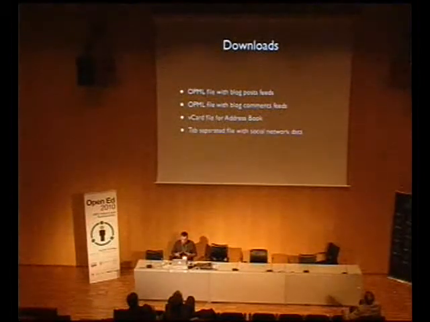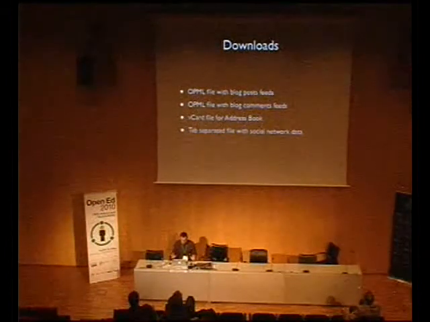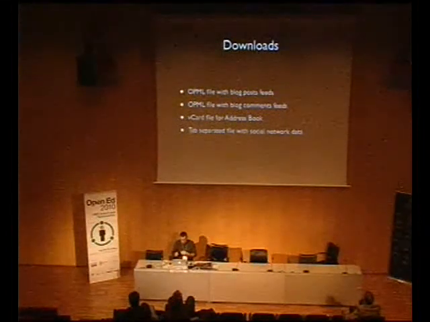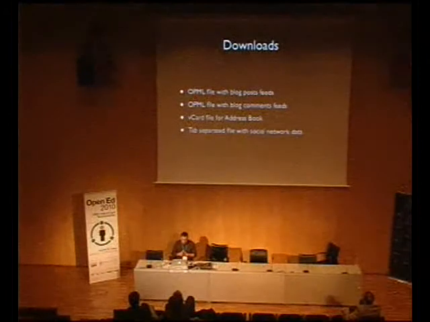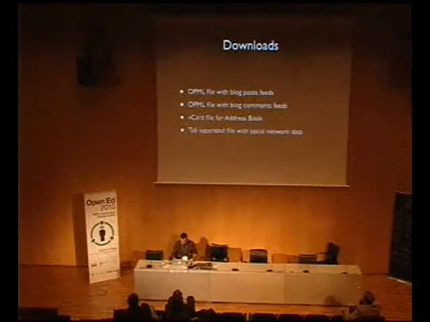Our idea is that we should provide as much data for downloading as possible, so that people could use their own tools. In addition to these formats that we provide now, we are also thinking about other social network data formats like GraphML, and about downloading the whole course, all the blog posts, all the comments in some format.